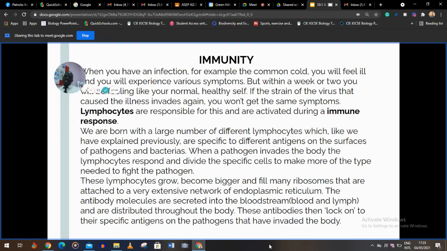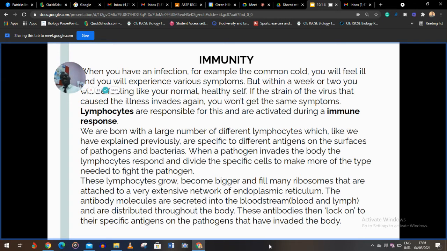So the lymphocytes will produce antibodies, but in the process they will also produce what we call memory cells. Memory cells are going to remain there as a reference, so that the second time the same disease comes to attack you, you may feel it for a few days, but it won't make you ill like it did before.